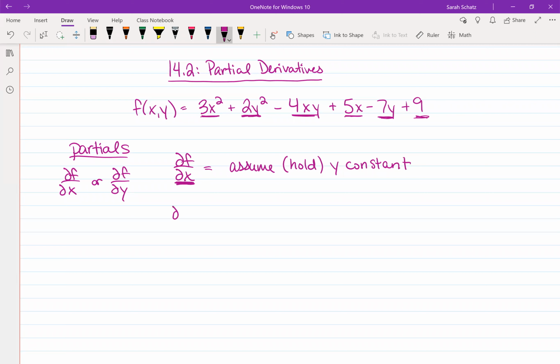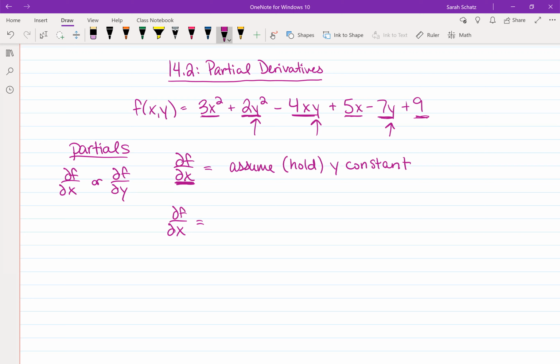So if I need to assume or hold y as a constant, that is exactly how I'm going to treat it when I find the partial with respect to x. So with respect to x, this is a constant. Constant, it might as well just be a 2 or any other number, you guys.